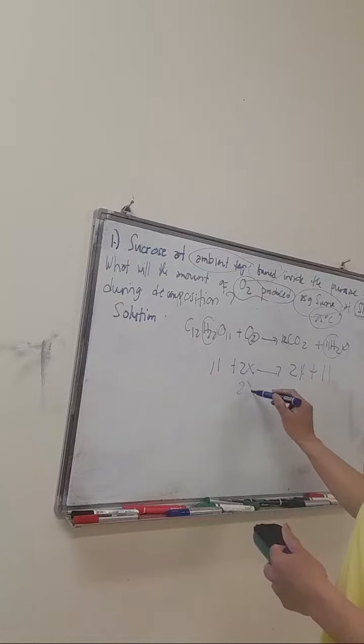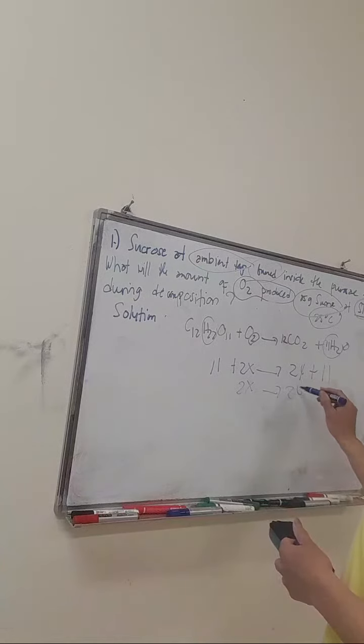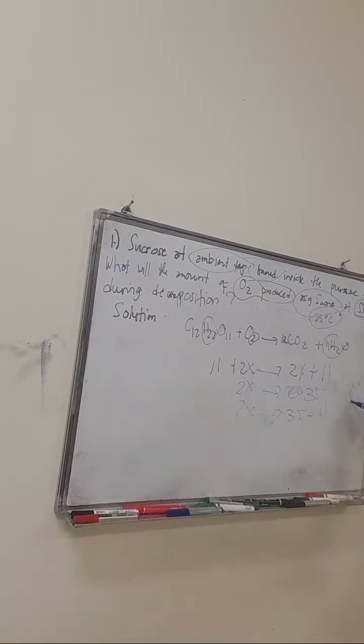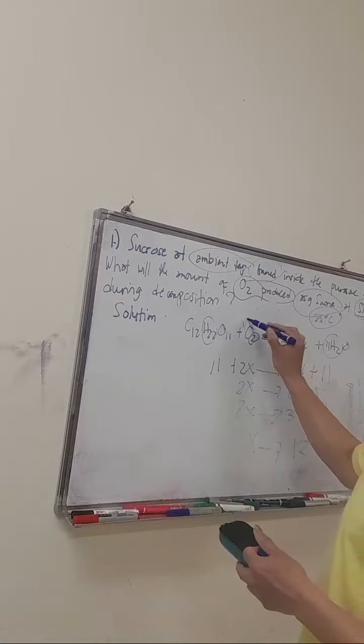Klaro kayo. 2x is equals to 35 minus 11. Pila mo 35 minus 11, guys? 24. So, 24 divided by 2, guys. 12, right? So, 12. Ibutang din ang 12 dito sa oxygen kilid.